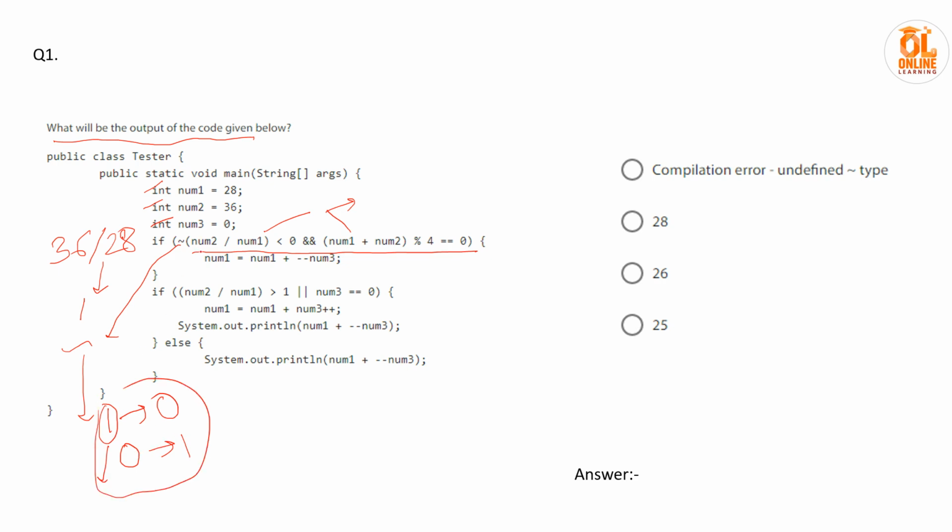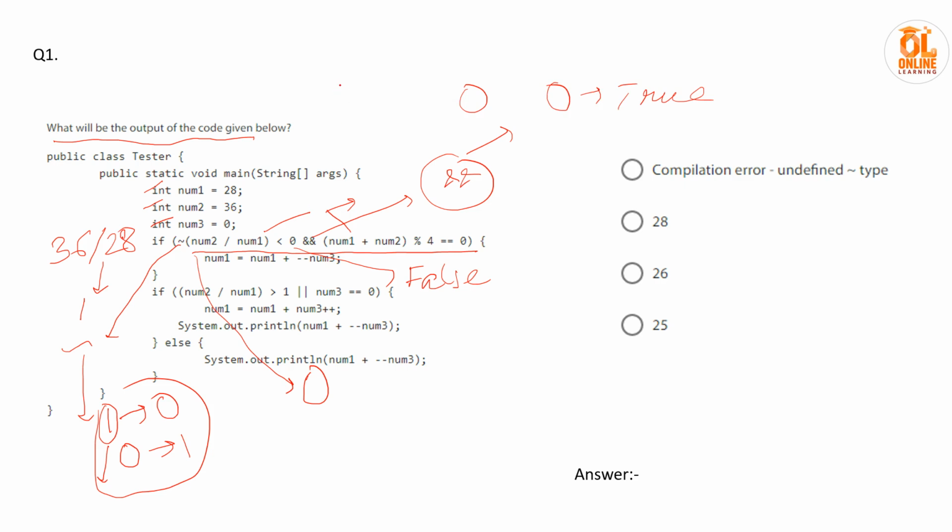So what will we get here? We will get 0 because we are getting 1, and the complement of 1 is 0. And is 0 less than 0? No, 0 is not less than 0, so the statement becomes false. And we know that with the AND operator, only if both the first part and the second part are true will we get true.